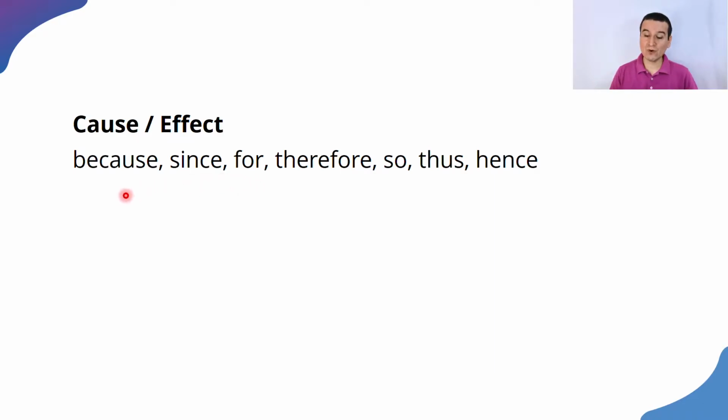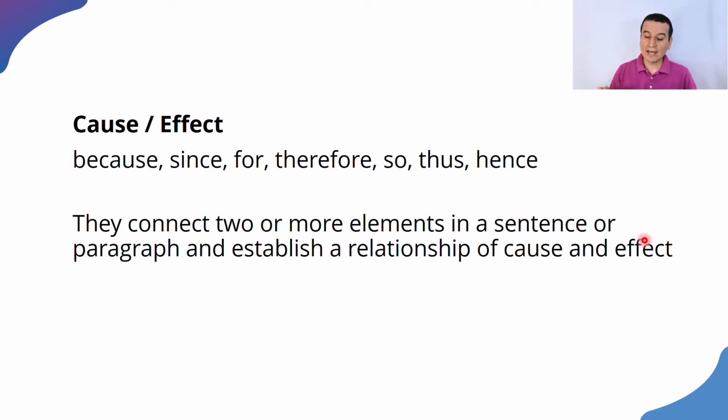We have therefore, and we have so, thus, and hence, and they are all basically synonyms of because or since, because they express a relationship. Let me tell you this way. These words connect two or more elements in a sentence or paragraph. All right? A sentence may have two parts.